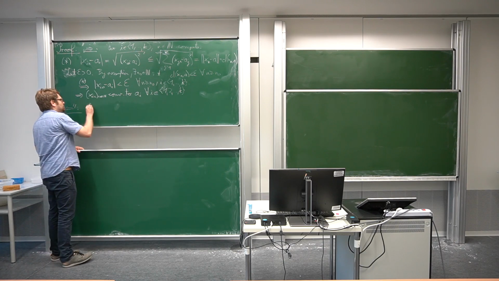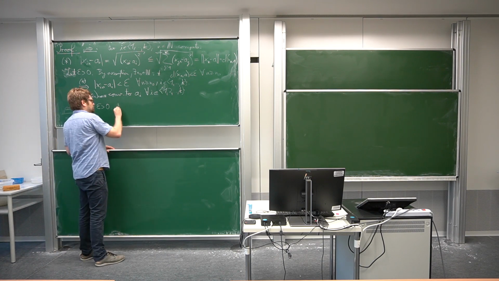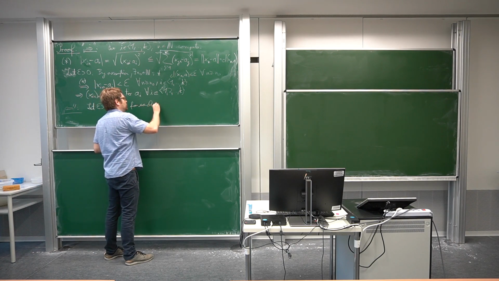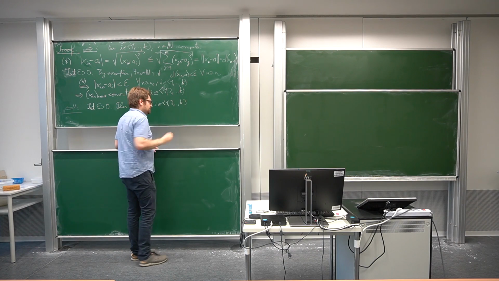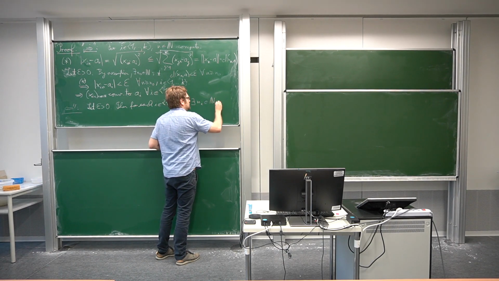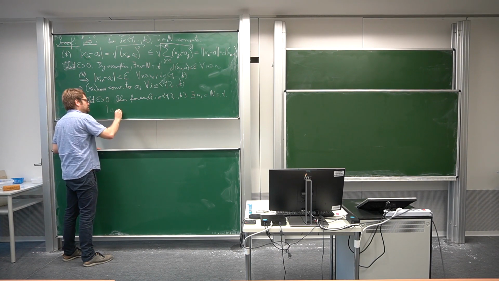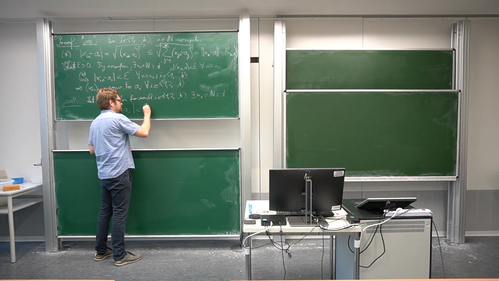Now, let epsilon be bigger than 0. Then, since they converge, for each i between 1 and k there exists an n_i in N such that |x_i^n minus a_i| is smaller than, and now I do a nice trick that we do all the time, epsilon divided by the square root of k.